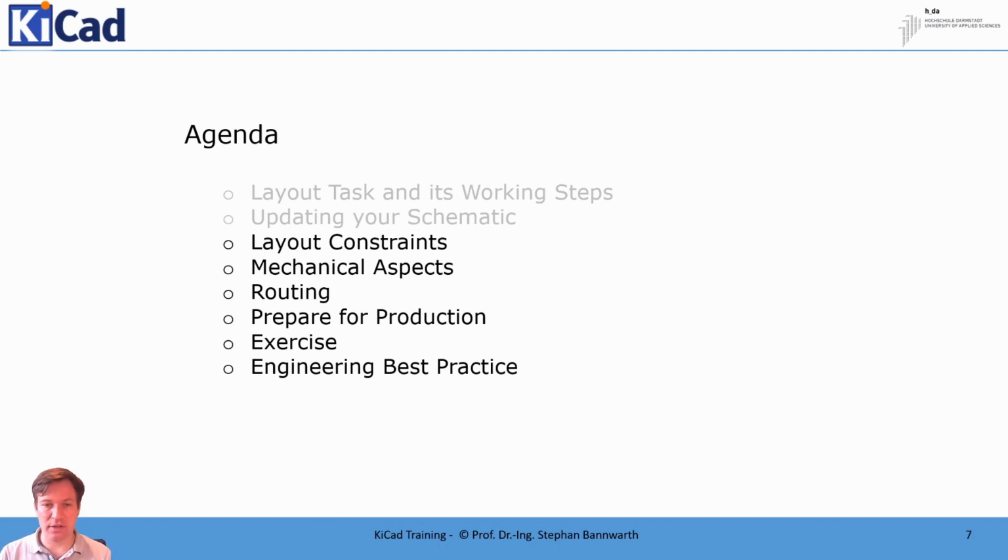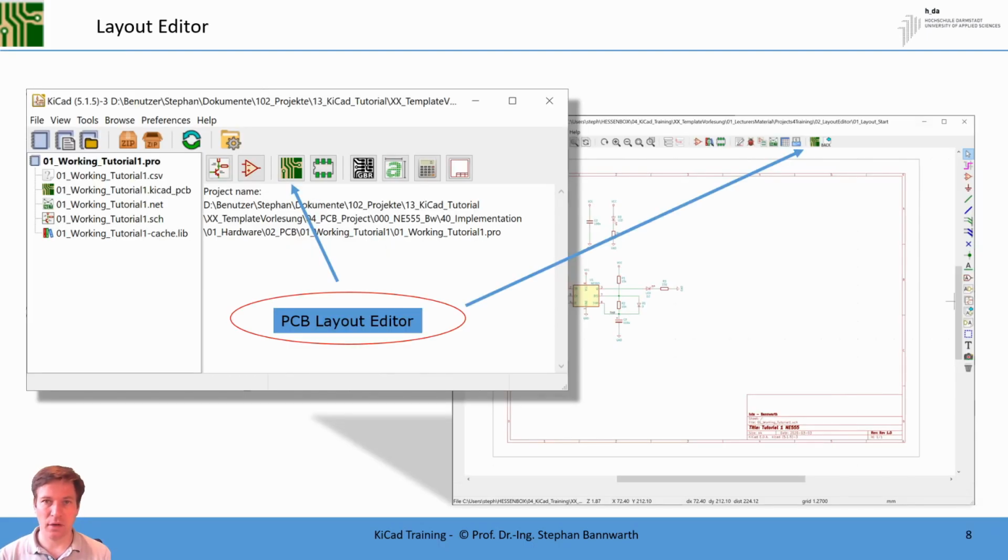Now let's go and talk about the layout constraints. In order to enter the layout constraints, you have to start the layout editor, and you can do this in 2 ways. First, you can start it out of the KiCad Project Manager by clicking on this icon for the layout editor, or you are already in the Eeschema worksheet and you click on this icon.